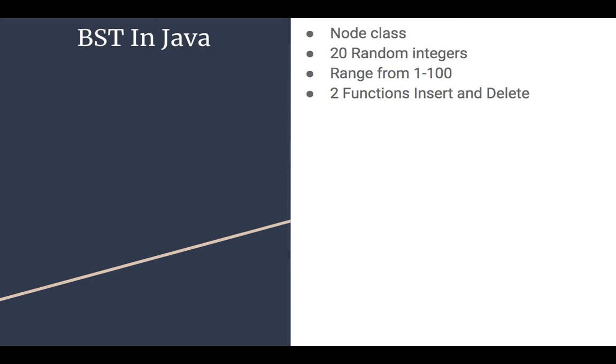Lastly, I created a for loop for 20 random integers within the range of 1 to 100. Once all of those functions were constructed together, it was time to print the tree. These are the four main functions I used for the binary search tree in Java.